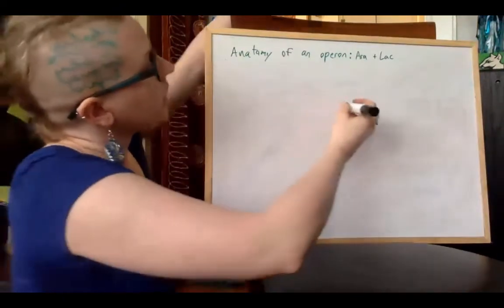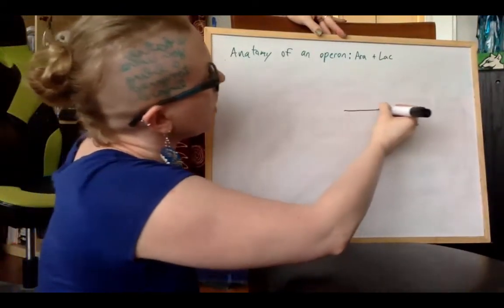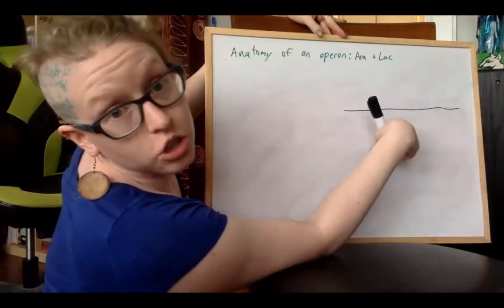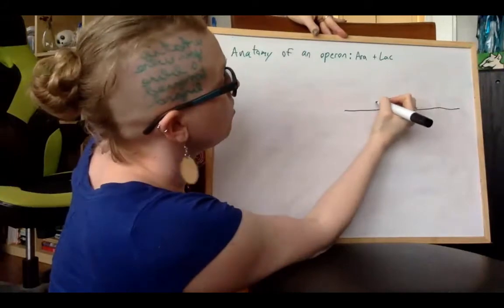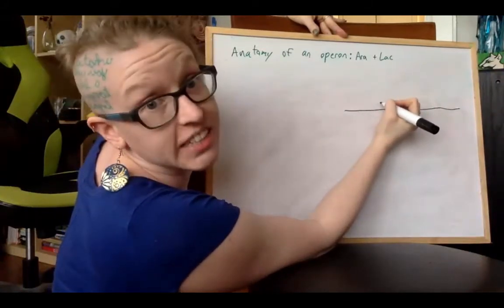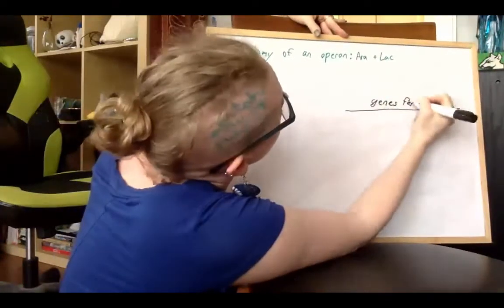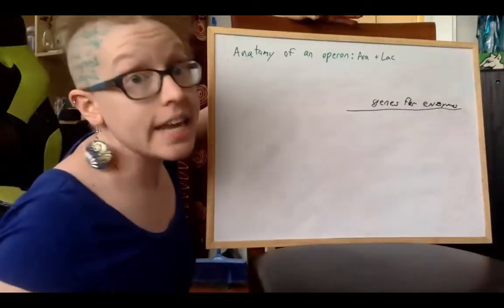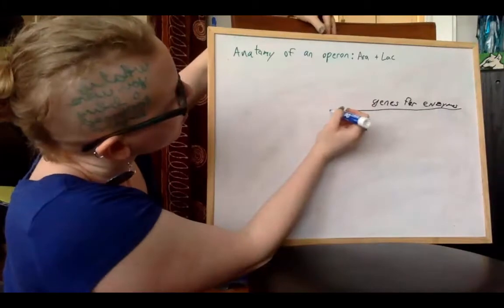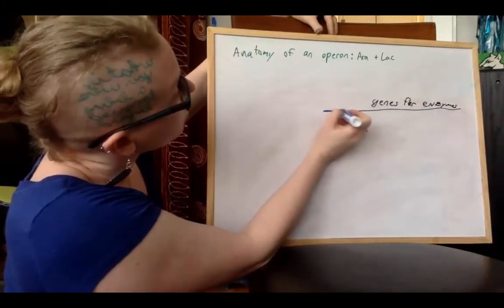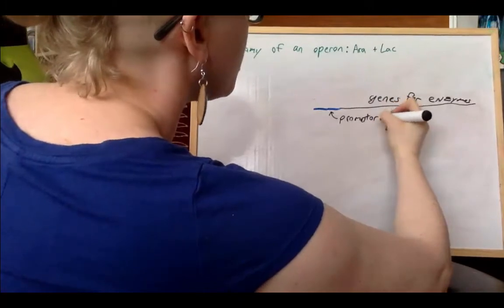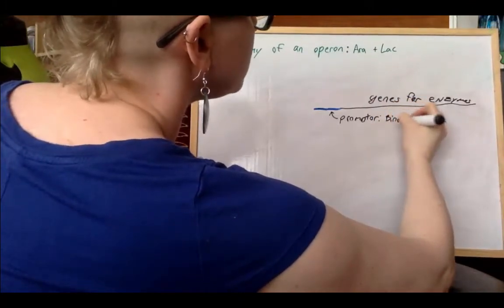So, we begin with a gene. These are the structural coding genes for enzymes and things. So, they're going to get transcribed into RNA and then translated into proteins. Our promoter is going to be blue. Promoter binds.